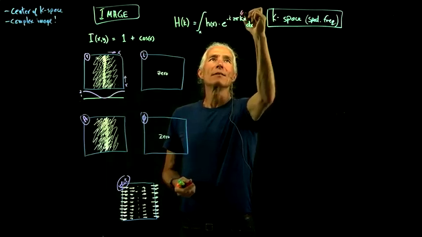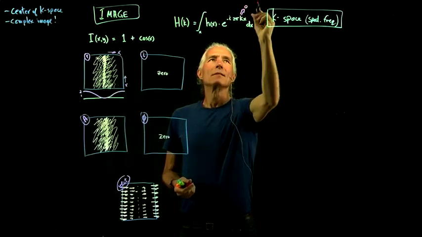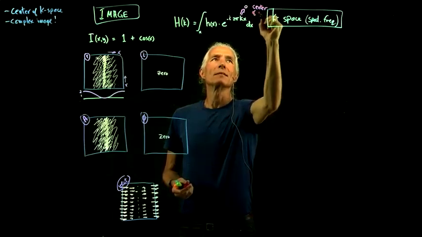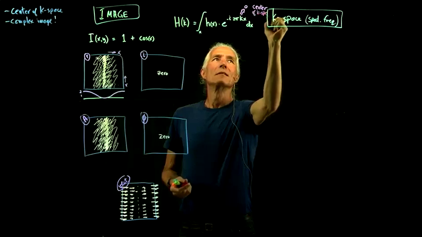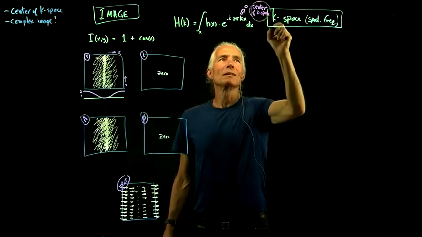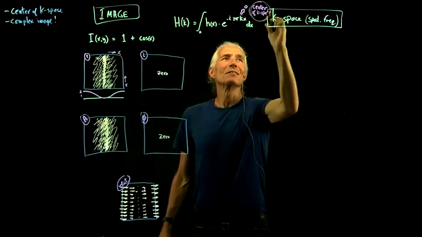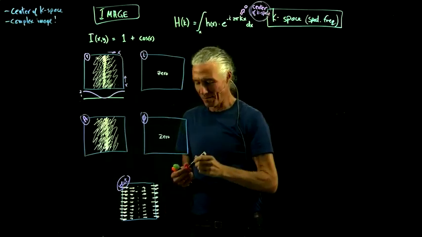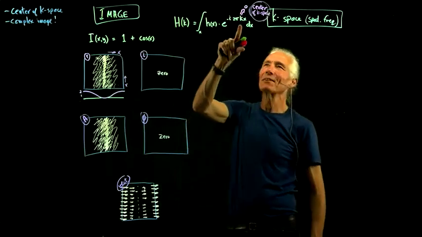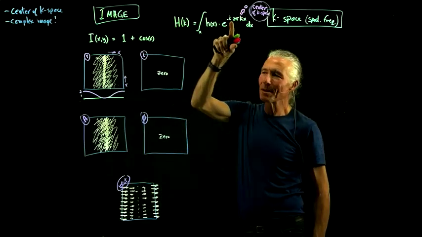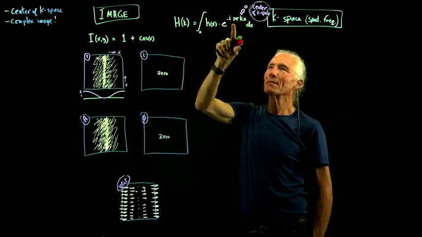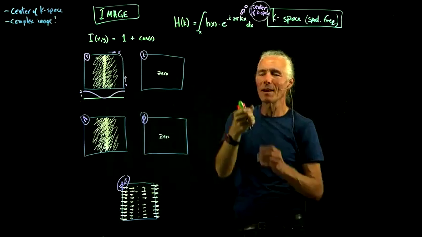And so if we turn that into 0, that's the center of k-space. What does that do? Well, like I like to say, 0 is more powerful than i. If you multiply i by 0, you get 0. So 0 beats i. So what is e to the 0? e to the 0 is 1.